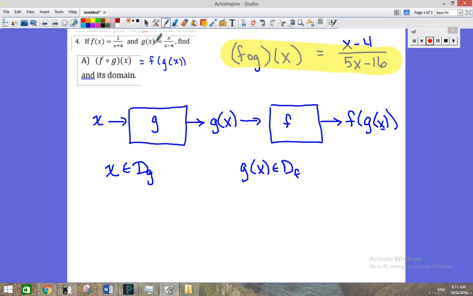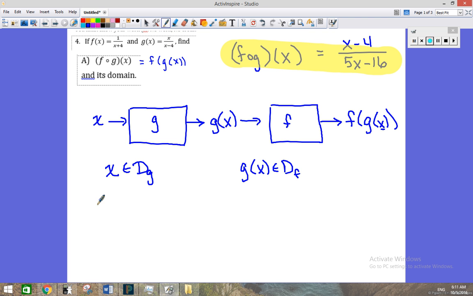If we look at the function g, if x were allowed to be 4, 4 minus 4 would result in a 0 in the denominator. If you tried to plug in 4 into this function, you would get 4 divided by 0. That is undefined. That would not produce a y value.